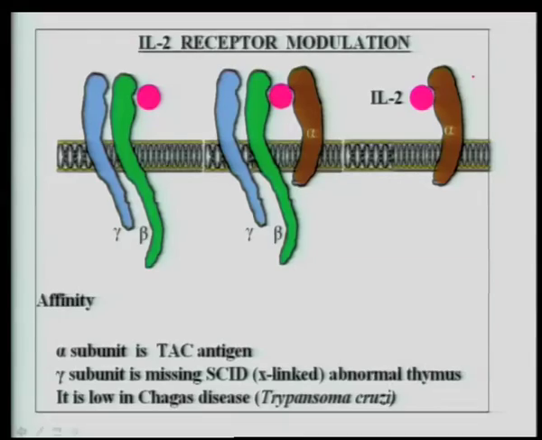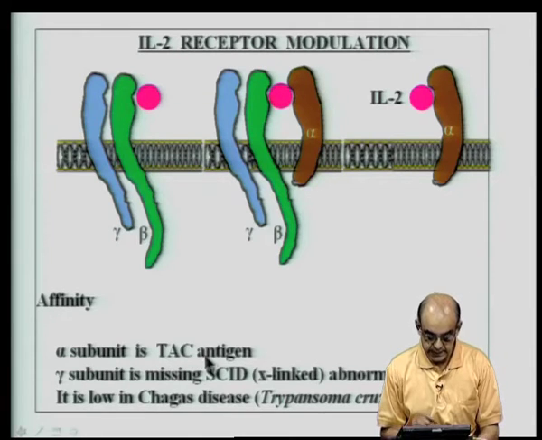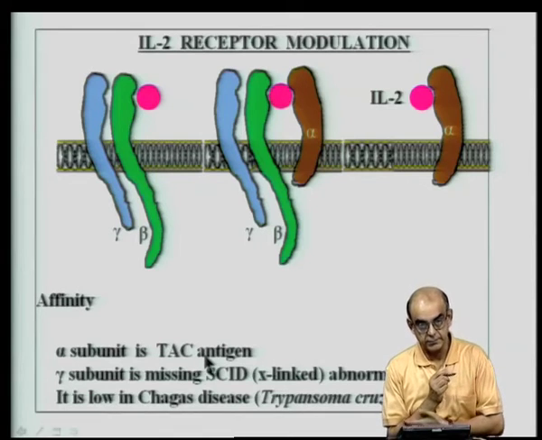So, you will see that in most cells, for example, in T cells, there are 3 subunits to this IL-2 receptor, which is called, as you saw in the previous transparency, the alpha subunit. This alpha subunit is also known as the T cell activation antigen, TAC antigen.